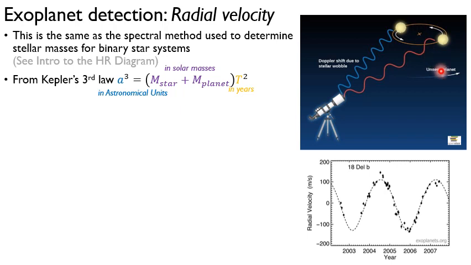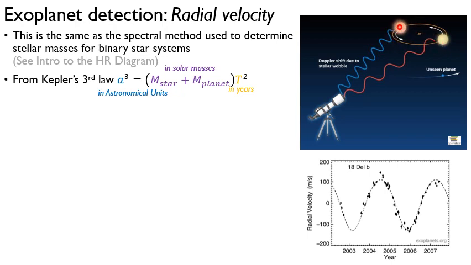Now this is a very exaggerated cartoon, but this is essentially what's happening: the host star is wobbling. So these two things are really orbiting each other, so you can think of this host star as moving in an orbit as well, towards us and away from us. And the cartoon is exaggerated, but this is what is happening.